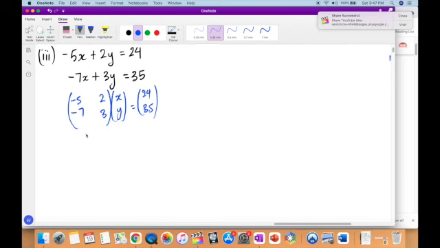So therefore, that is in the form A times x is equal to B, and therefore x is equal to A inverse times B.